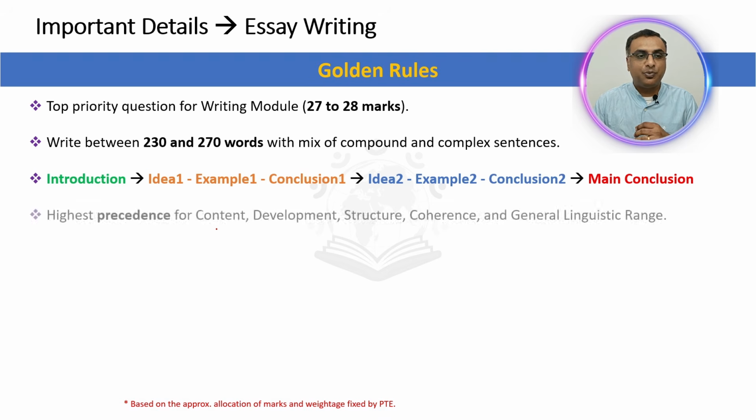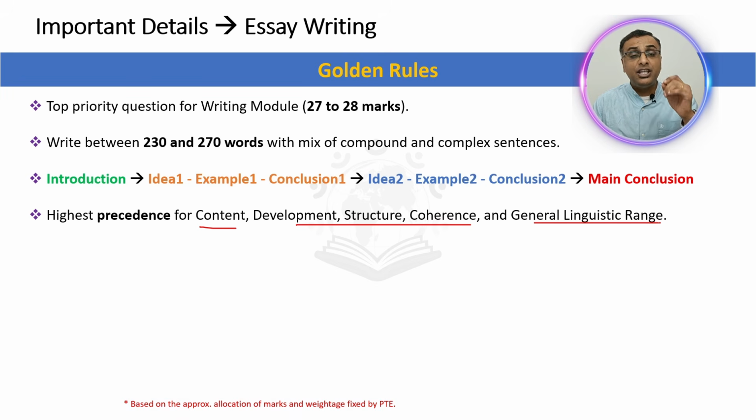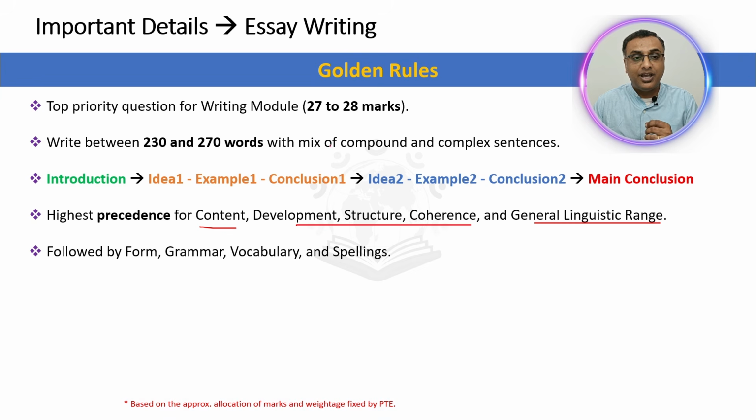Moving on to the next point, highest importance is given to content, development, structure, coherence, and general linguistic range. Each of these skills will fetch you a maximum of 6 marks each. Then that is followed by form, grammar, vocabulary, and spellings, which will give you 2 marks each.